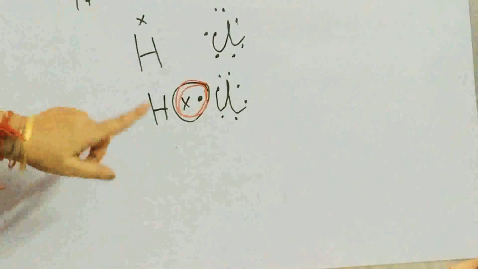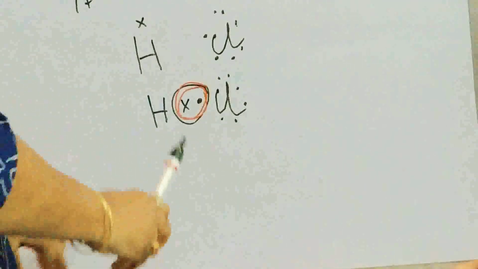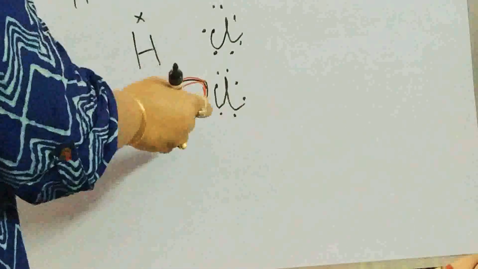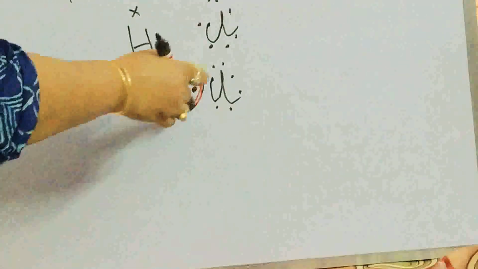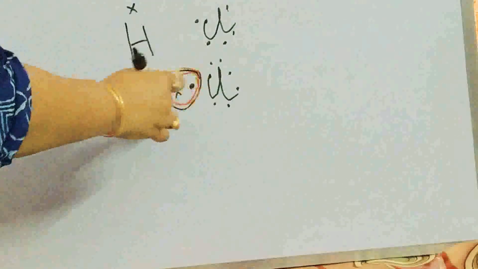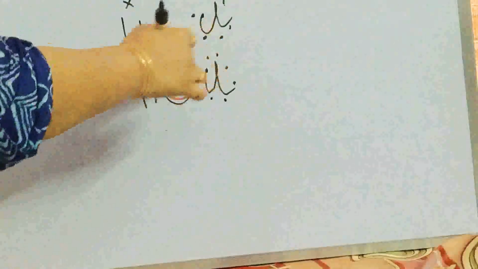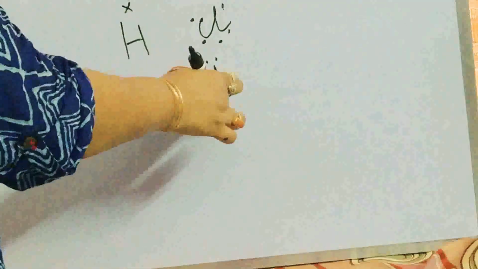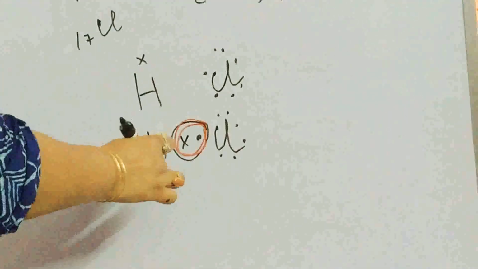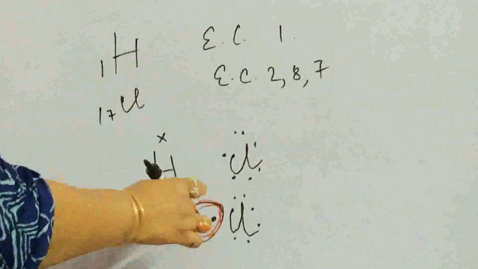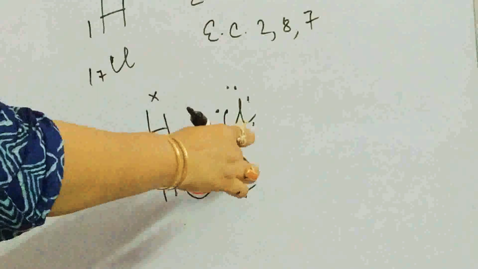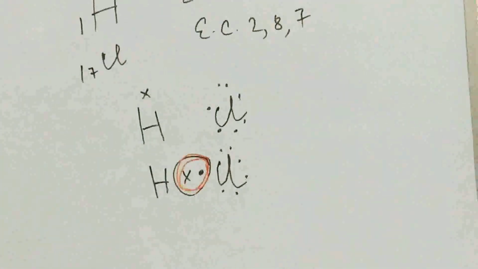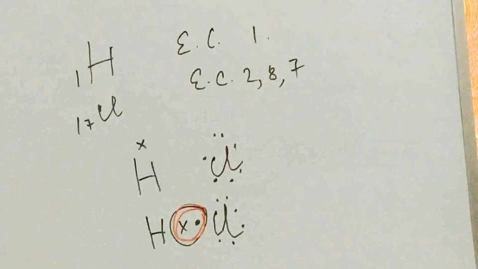Why is the bond formed here? In case of a covalent bond, or any type of bond, why is a bond formed between two atoms? To get stability. They try to have a stable electronic configuration. Hydrogen is attaining helium's duplet configuration and getting stable, and at the same time chlorine is having an octet configuration and getting stable.